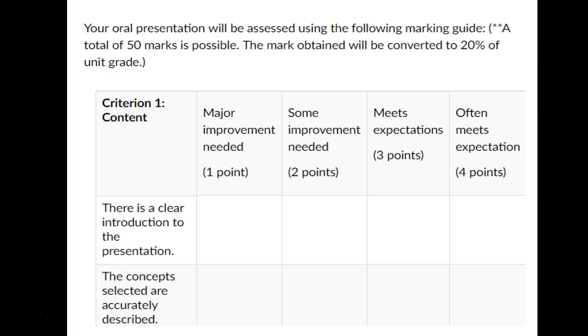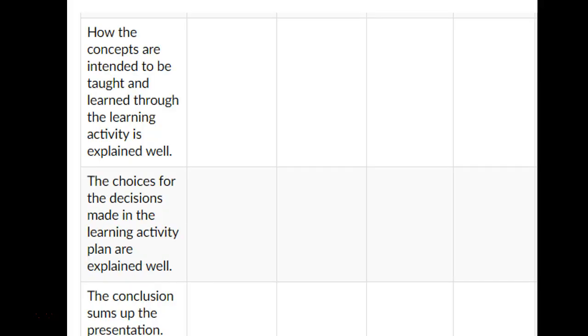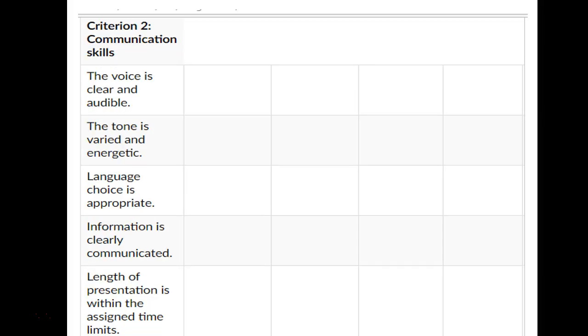So you can see there how you'll be allocated your points, from major improvement needed right up to often meets expectation. So you can gain a maximum of 4 points there just for having a really clear introduction, which is fantastic. And then we keep going on. And these are the other things that we are looking for in that criterion. And again, we'll be marking from 1 to 4.